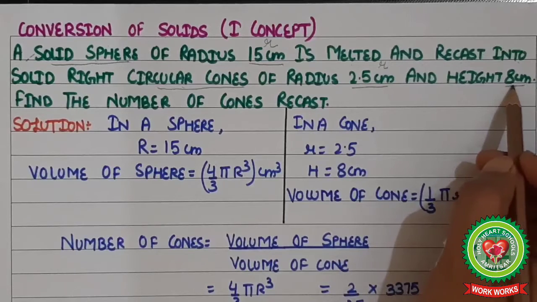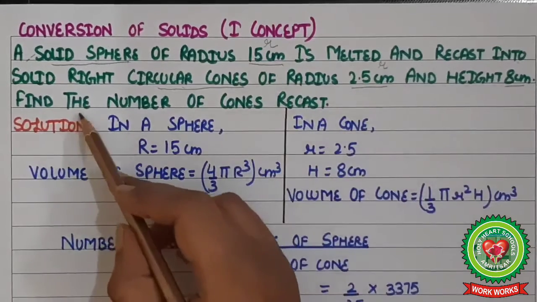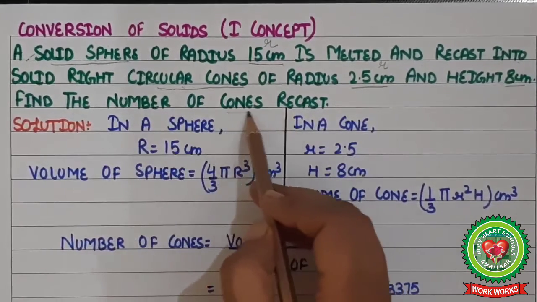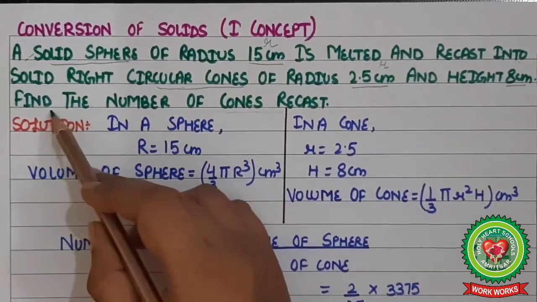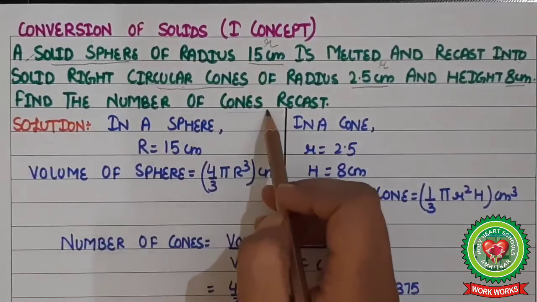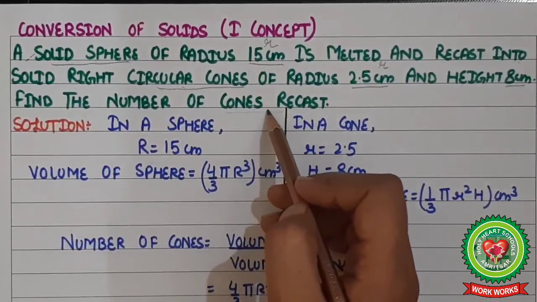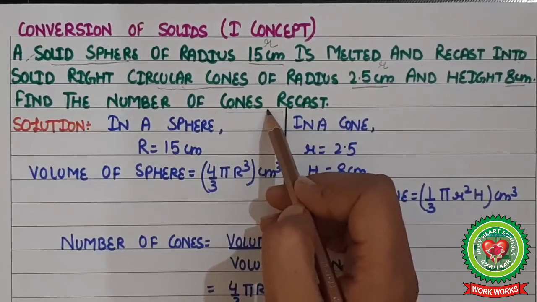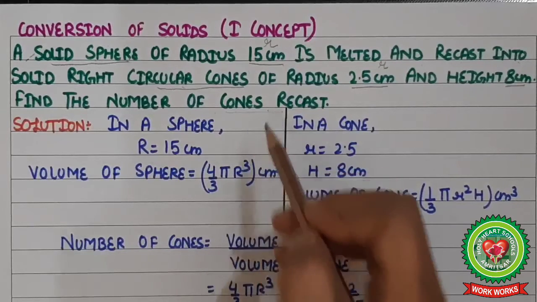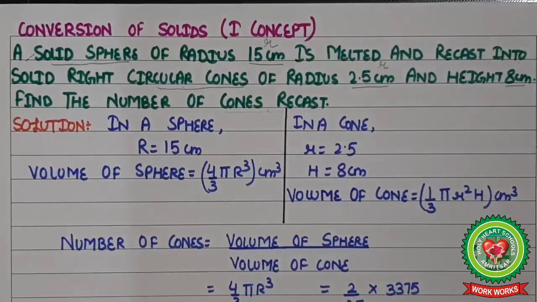Find the number of cones recast. In this we have to find the number of cones, so we will use the formula bigger volume upon smaller volume. So let's start with the solution.